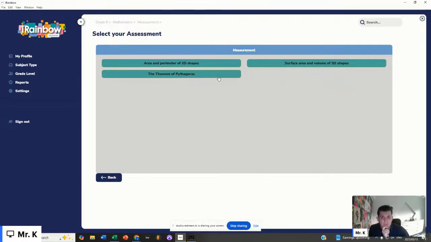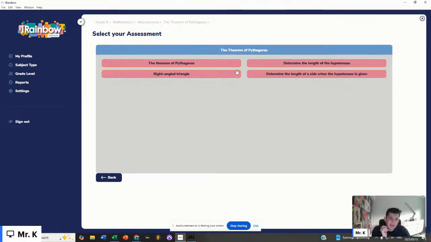Once you've clicked on measurement, you can then click on the theorem of Pythagoras, and under here you will find 4 different quizzes that you can use to practice this. It will help you practice identifying the names of the sides of the triangles, calculating missing values, and applying Pythagoras in general to specific questions.